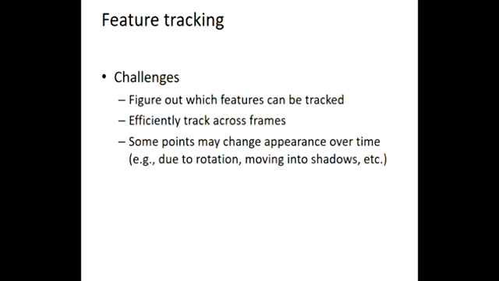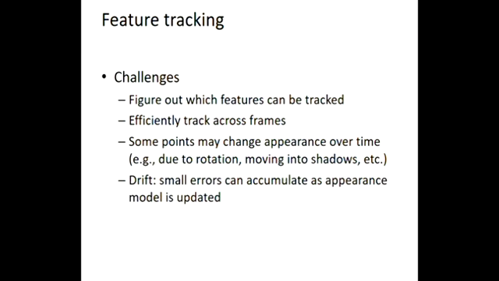That can create difficulty in matching points between consecutive frames. And then a significant problem is drift. Drift means that you might have a small error from frame to frame, maybe just a pixel or half a pixel. But if you're half a pixel off on frame 2, then you match that region that's half a pixel off, and then maybe you're a pixel off in frame 3.